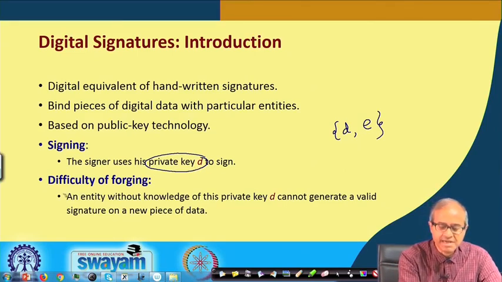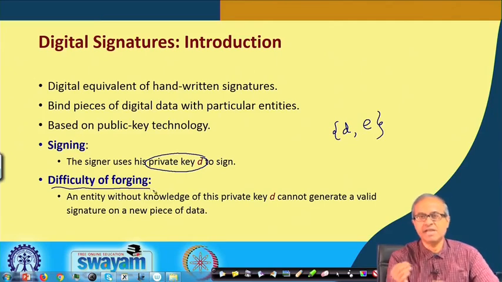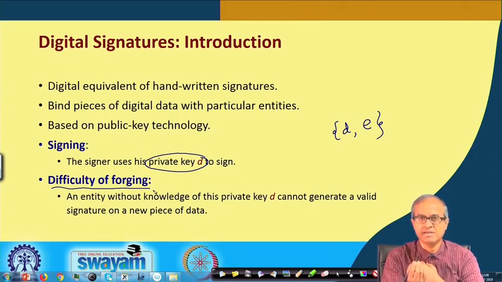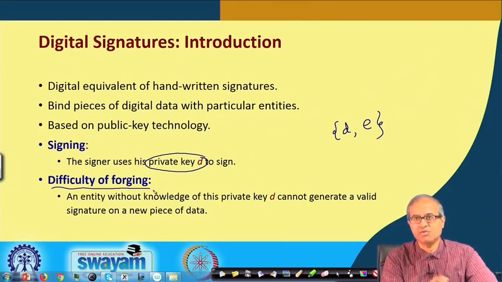And the point is that it is difficult to forge because anyone else cannot generate the same signature, because the value of D is only lying with me and it is not easy for anyone else to guess or break what the value of D was.